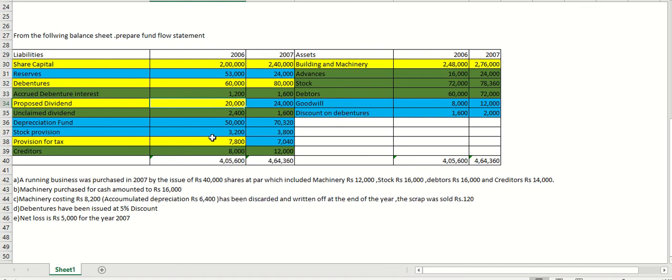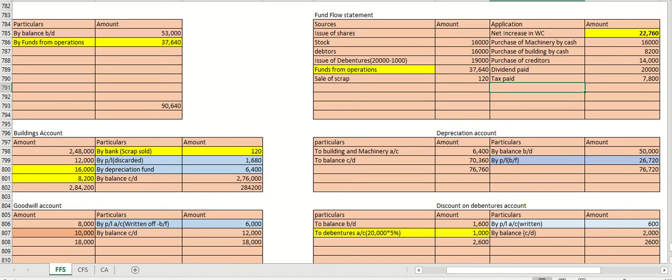So this 20,000 and 7,800 of last year, which we assume it to be paid this year, 24,000 and 7,040, which was of current year, which will be considered as provisions for the current year. So in case if you assume proposed dividend and provision for taxation as non-current liability, so by this we will total up our fund flow statement and see, and it tallies, hence our fund flow statement tallies, hence the answer is correct.